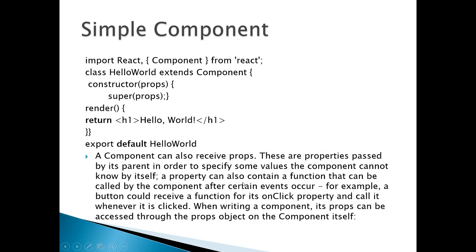A property can also contain a function. So a function can be passed as a prop that can be called by the component after a certain event occurs. For example, any mouse click on this function can call the parent method accordingly. That is basically passing a function as a prop. For example, a button could receive a function for its onClick property and call it whenever it is clicked.